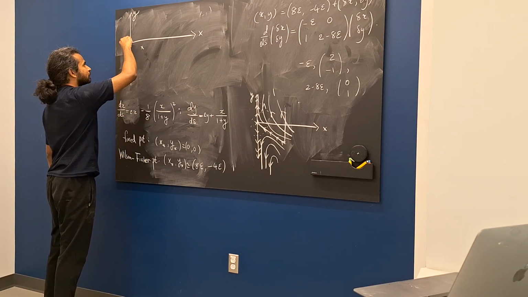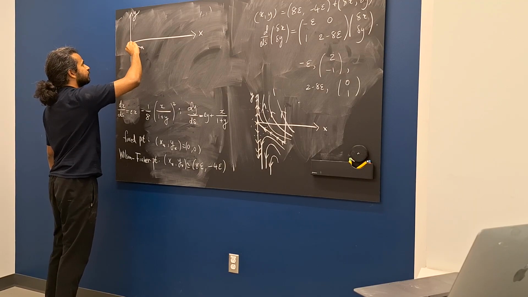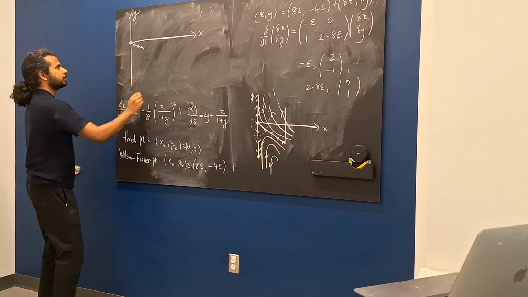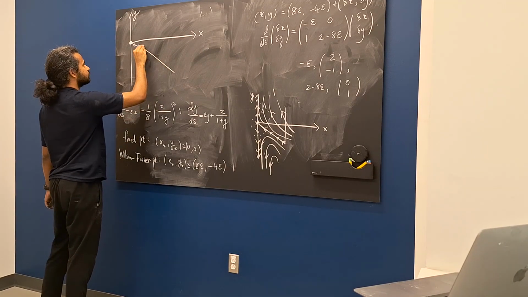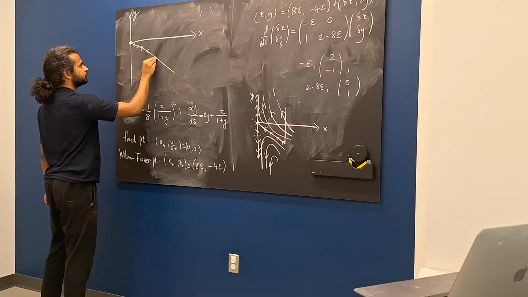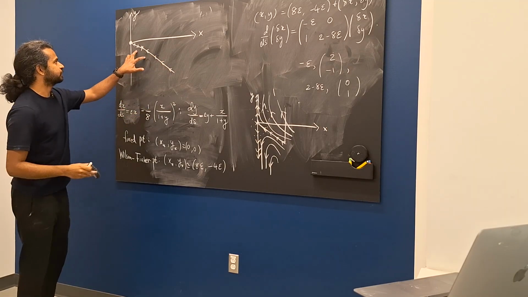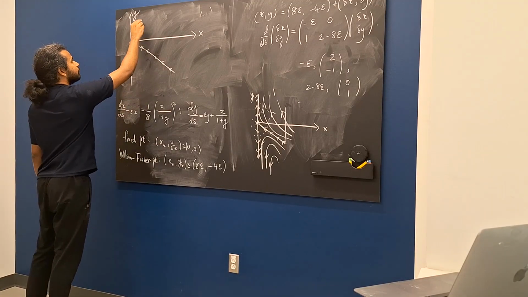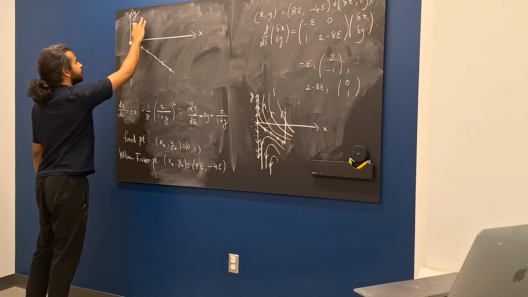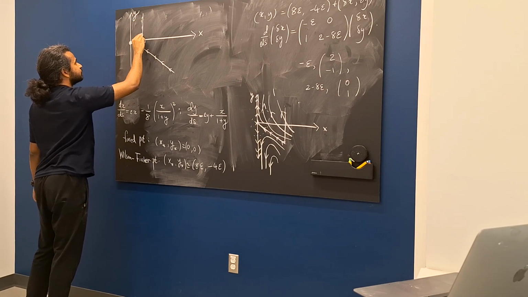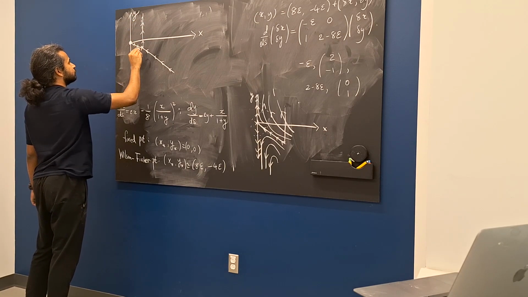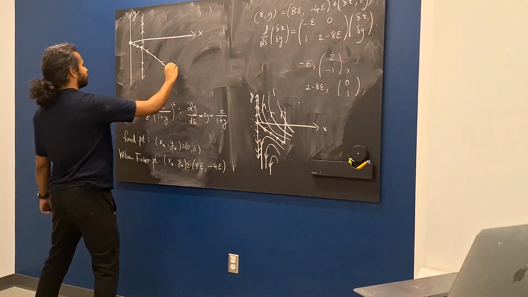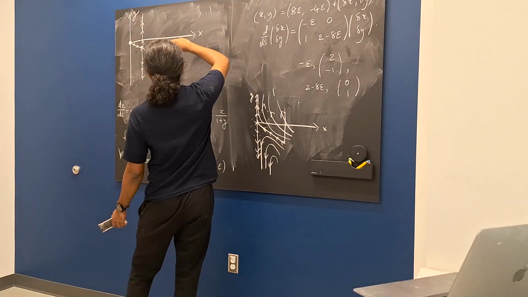But if you somehow start along this line, then you flow towards the Wilson-Fisher point. If you are away from this as well, you still flow towards the Wilson-Fisher point, because of this direction having a convergent flow. But if you are along this direction, well, let me just draw this, then you diverge. If you start here, for example, well, now just fill in the arrows.